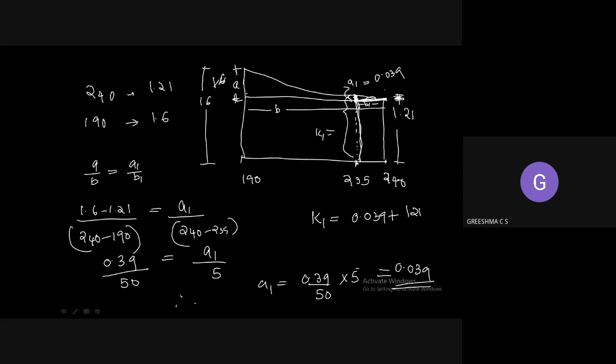So 1.21 plus 0.039, how much are you getting? You are getting 1.249. So approximately you can take it as 1.25. So that's the K1 value.